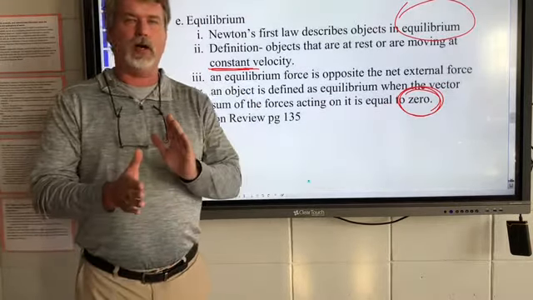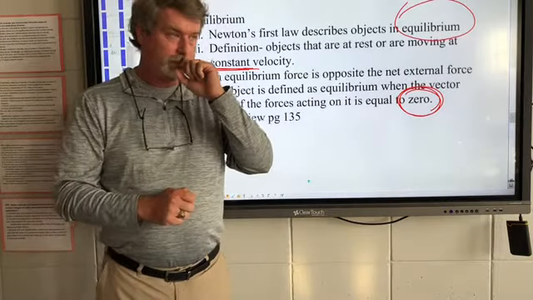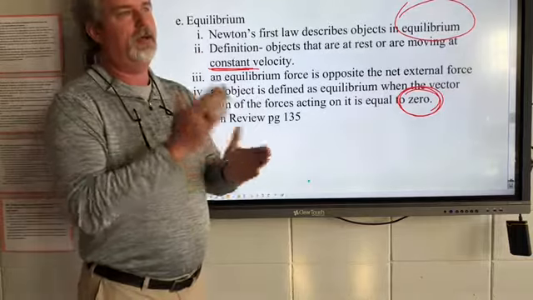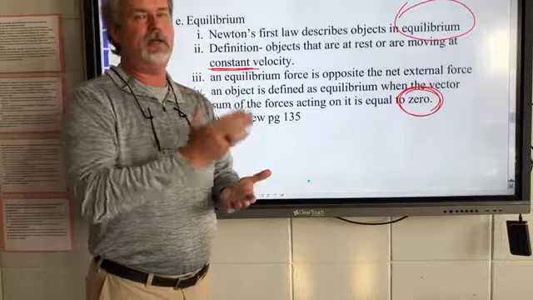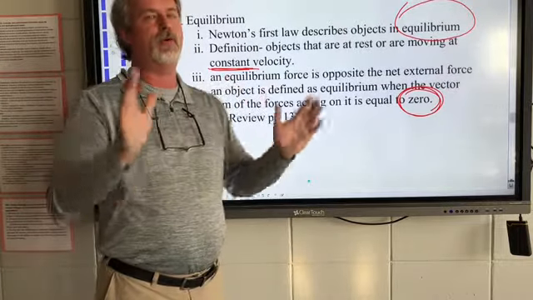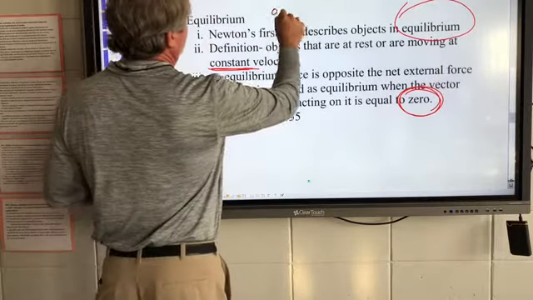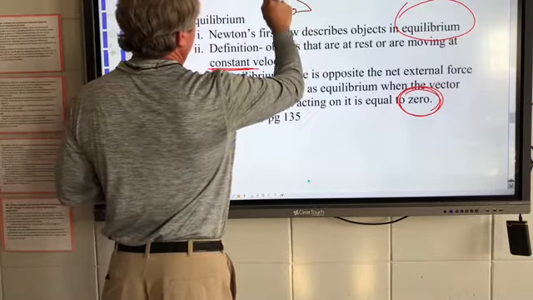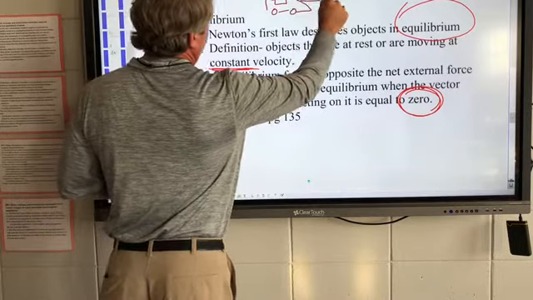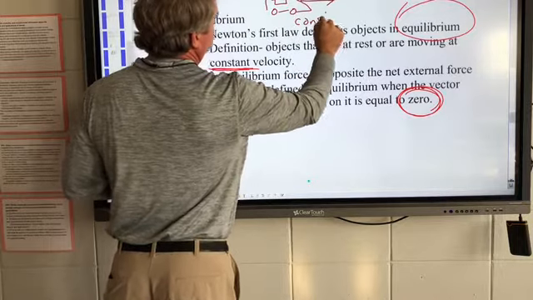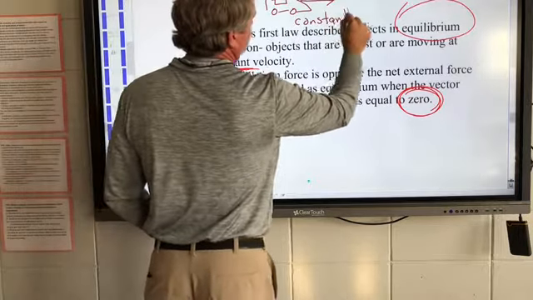So, if you're in a car going 50 miles per hour on cruise control, you're going the same speed over and over again. That means that all the forces on the car are balanced. So again, we have a car, and that car is going in this direction at constant velocity.